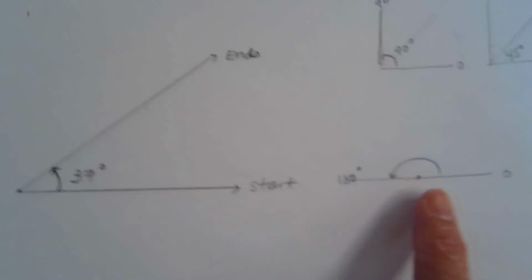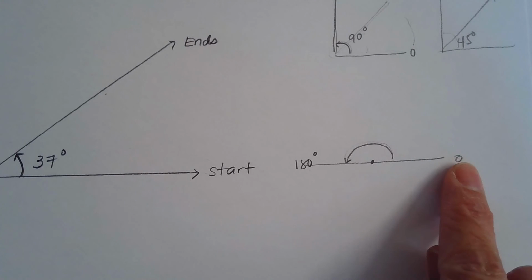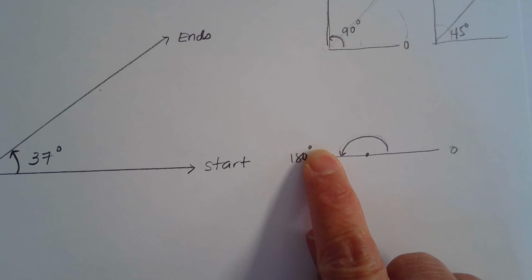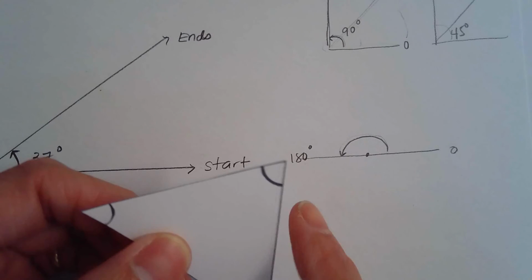Just to bring it back, 180 looks like this. So this is your start, and then you're turning it all the way to the other end. So how do I show that this is 180?